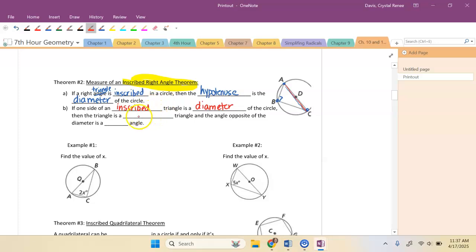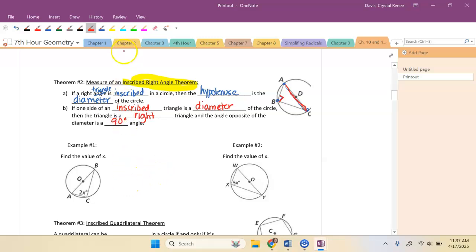We could also use this theorem to know that yes, it is in fact a right triangle. This would be the hypotenuse, which means the angle opposite of the diameter would be this one right here, and it would be your 90-degree angle.